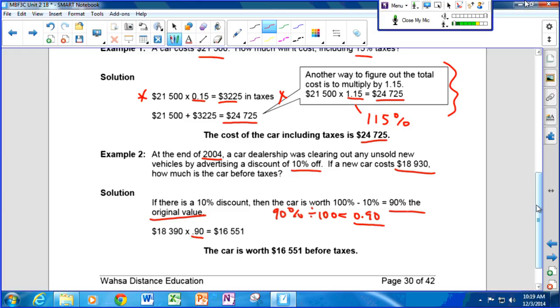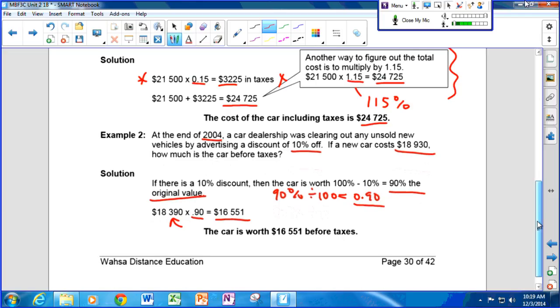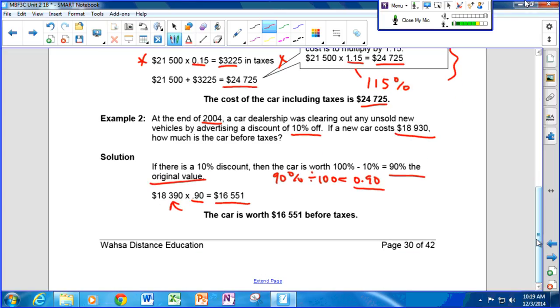Even though mathematically it doesn't do anything for us, it tells the reader what we're doing. We're taking 0.90 or 90% of this value. And so there you go, there's the price of your car before taxes. But of course, then they're going to turn around and put the extra 13% on top of that in taxes.